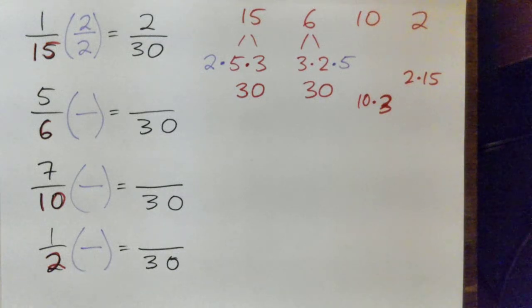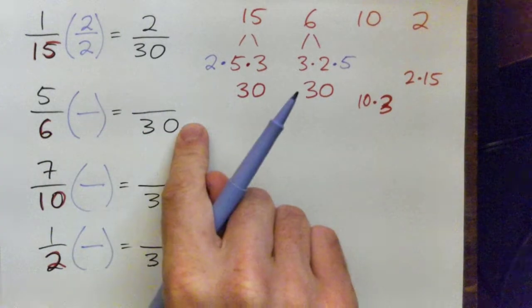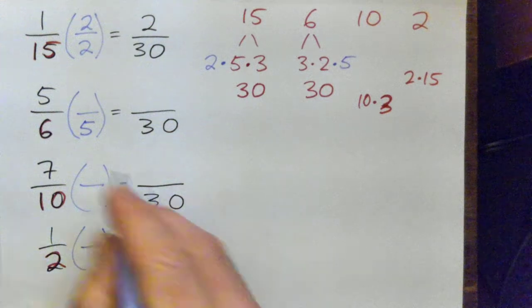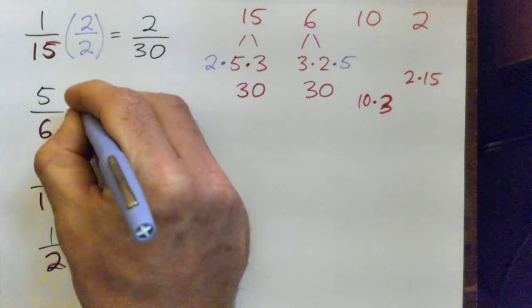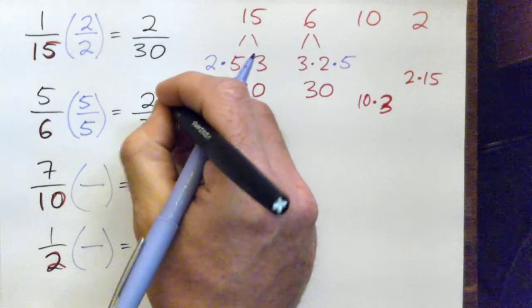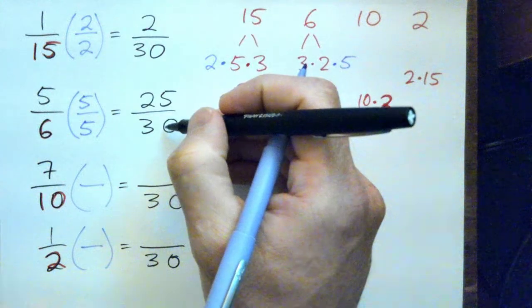So turning this into 30ths, we need to go 6 times 5 to get 30. If I multiply the bottom by 5, I must multiply the top by 5. So 6 times 5 is 30, 5 times 5 is 25. In other words, 5/6 is the same thing as 25/30ths.